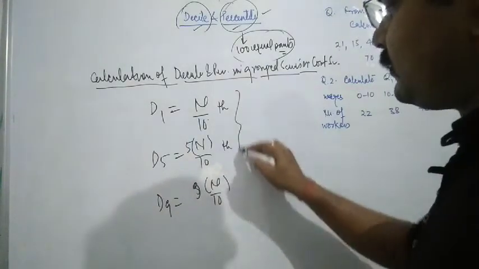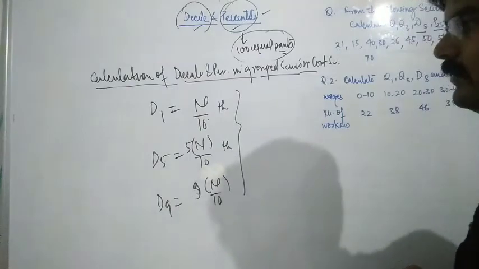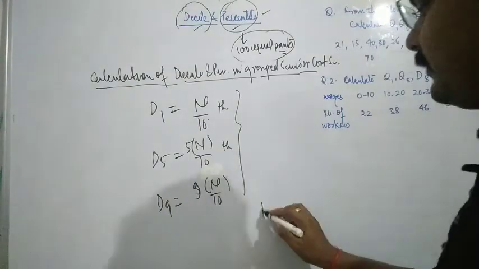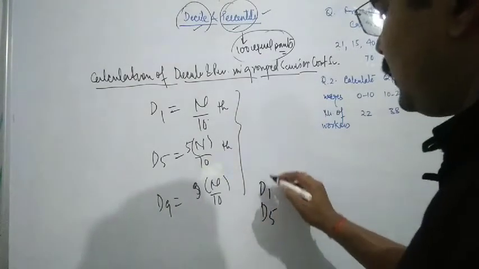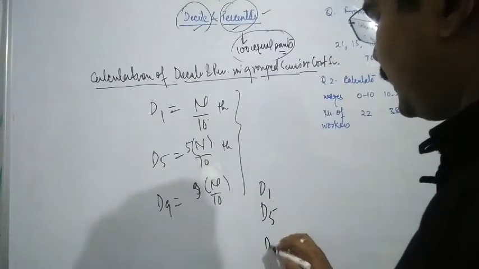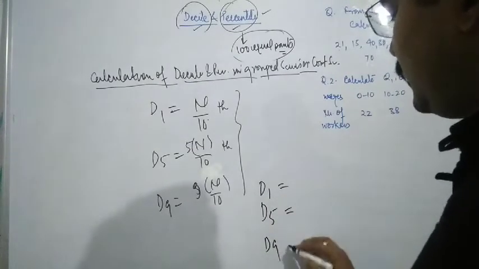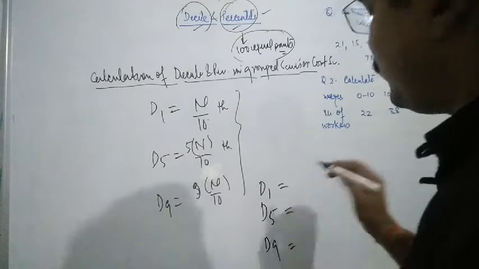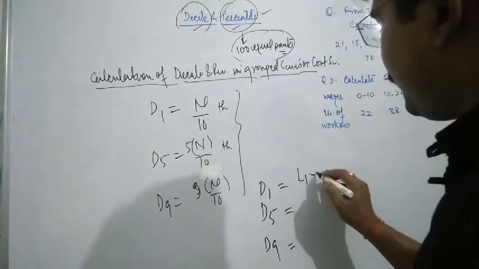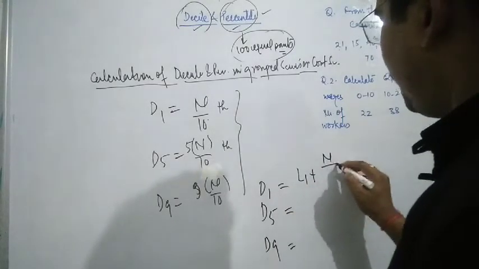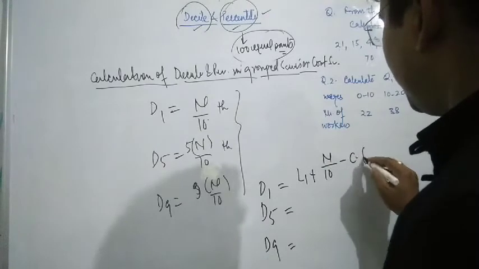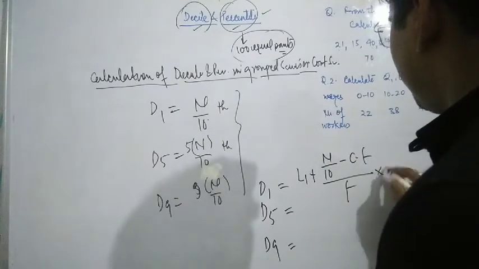After that we use the next formula for calculating D1, D5 and D9. The formula is D1 is equal to L1 plus (n/10 minus cumulative frequency) upon frequency, into I.